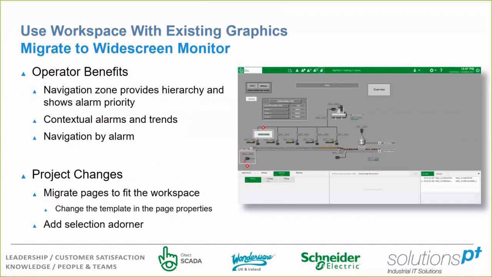In another example, if you want to migrate your Citect project to use the workspace feature, so this would be the sort of context-aware, you want to be able to essentially click on a piece of equipment, be presented with faceplates, alarming, and trend in context. What would be required within your project is to migrate your pages so that they fit the workspace, and changing the template in the page properties, and then basically adding your selection adorner, which is a framework element within Citect 2018.